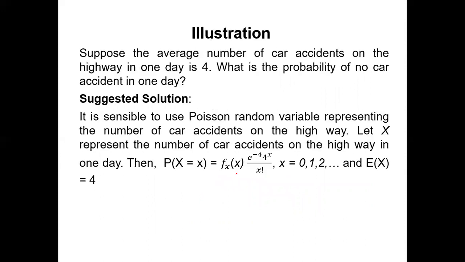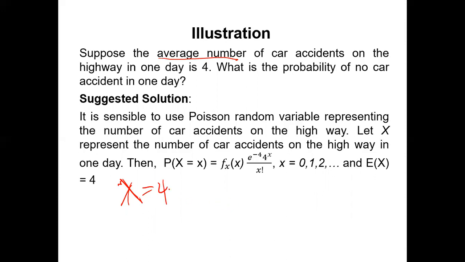Let's look at this scenario. Suppose that the average number of car accidents on a highway in one day is 4. Here, the words average number simply mean that we are talking about the mean, or the lambda. So lambda is 4. What is the probability of no car accident in one day?